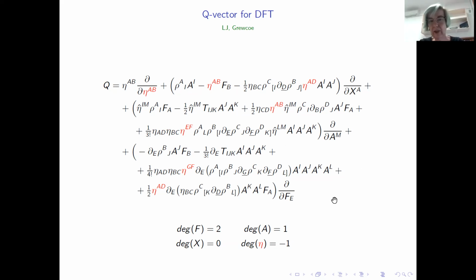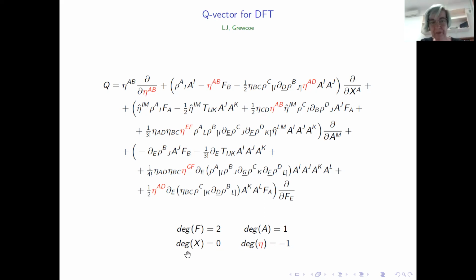And this is what tells you why Andreas and Christian had a different answer. They have a non-negatively graded pre-Q manifold. I have allowed negative grading here in order to write the Q vector.